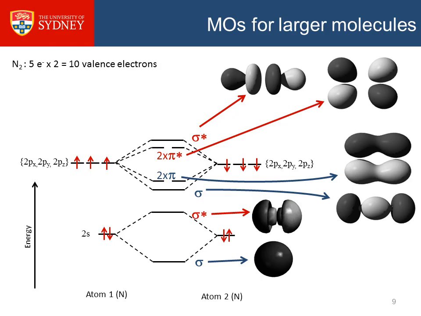In the case of the nitrogen molecule N2, we have 10 valence electrons. As we fill the molecular orbitals, we see that we have 8 electrons in bonding orbitals, and only 2 electrons in antibonding orbitals. Therefore, the bond order for the nitrogen molecule is 3, meaning that the nitrogen molecule has a triple bond.